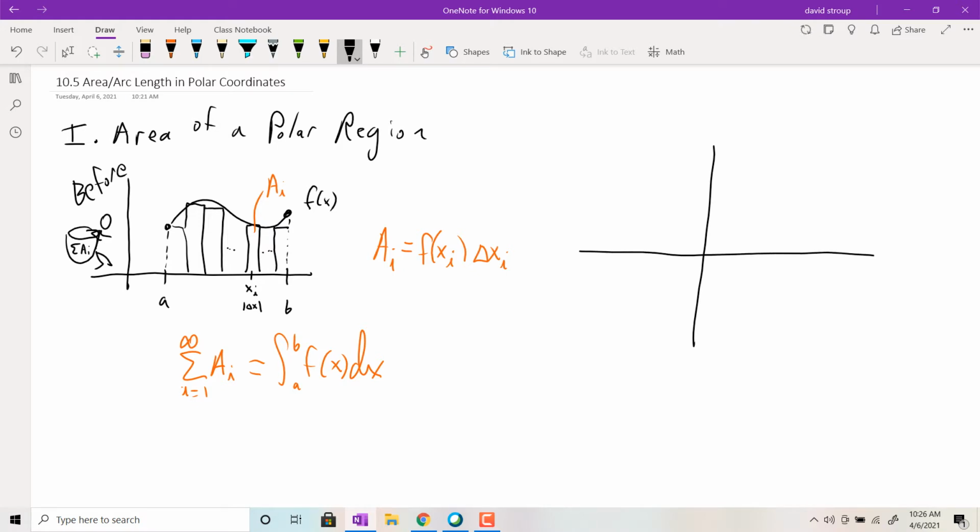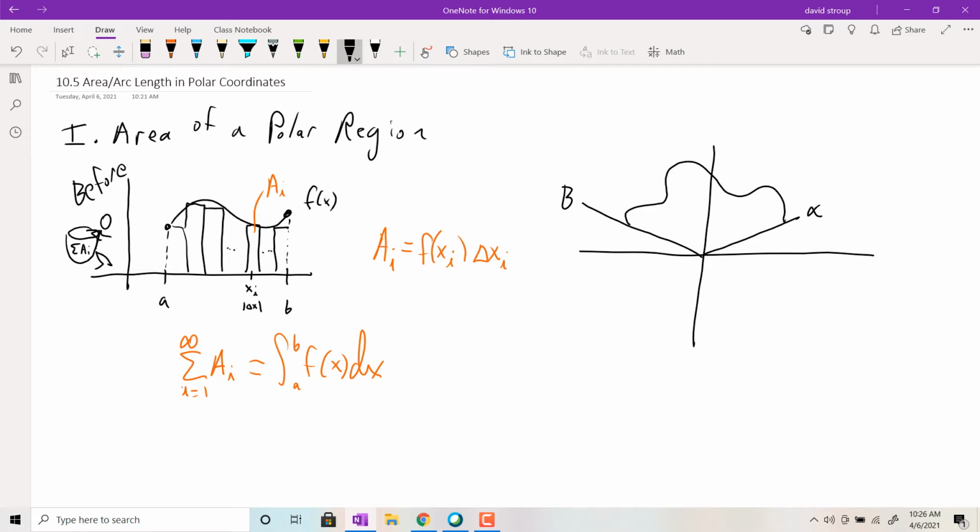So in this case, we'll start off at some angle. Usually you start at 0, but you can start off at any angle. We'll just say angle alpha. And then we're tracing out the curve with whatever its r value is, maybe to some other angle beta. Okay, and we want to figure out the area underneath this curve.